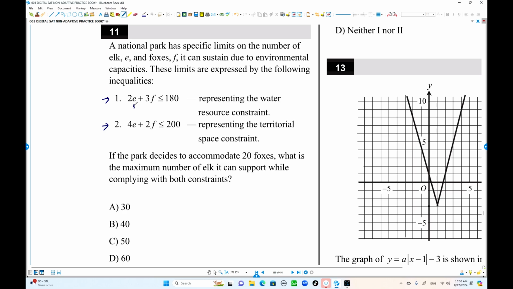That's the number of elk, this number of parks. So this one may be the amount of water for elk and this amount of water for park, something like that, okay? But the park decides to accommodate 20 bucks over here. This number F is 20 bucks.